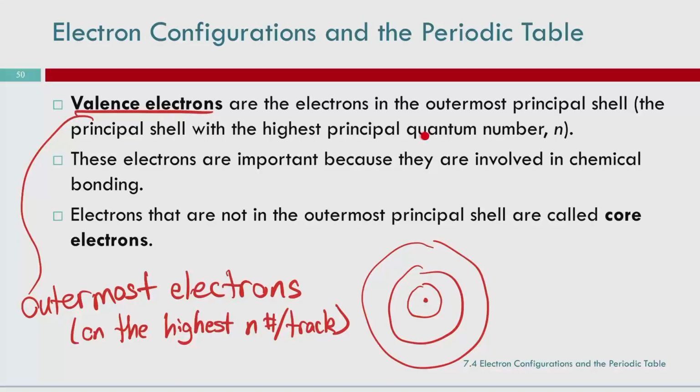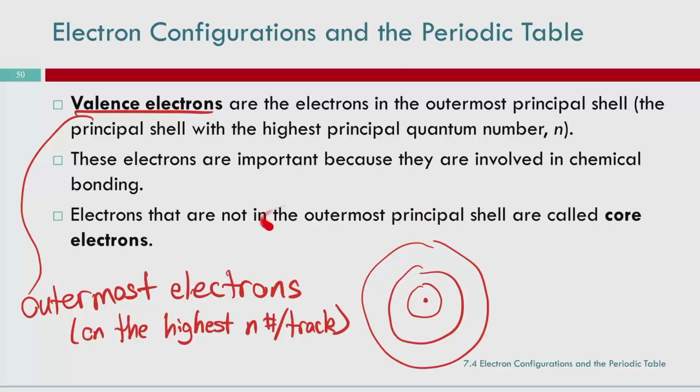For our quantum mechanical theory, these are the ones with the highest principal quantum number n. The reason that these electrons are important is because they're on the outside, they're the most easily accessible electrons, so they can engage in bonding. They can be transferred between different things. They can also be shared in the form of bonds with different things.